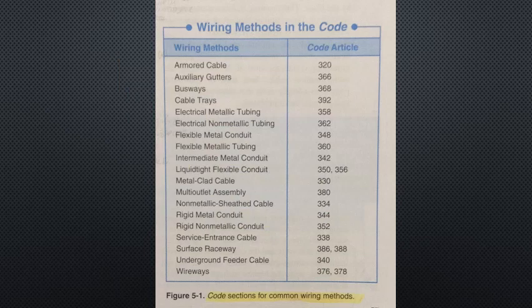Some of the wiring methods have very specific applications, while others can be used in a greater variety of conditions. The table shown on the screen lists wiring methods and their corresponding code articles. This is not a complete list of all wiring methods approved in the code. The reader is encouraged to look into all methods of wiring and techniques covered in the code.